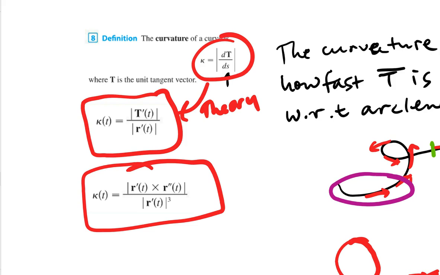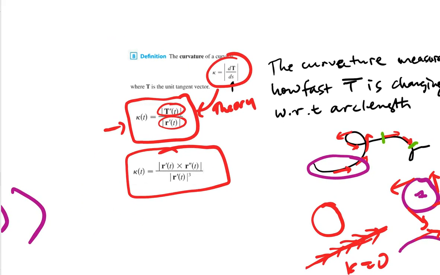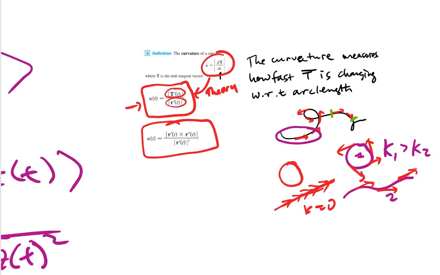The first one just measures the change in T with respect to the change in, it's essentially the change in T with respect to the change in the tangent vector. So, all right, I'll derive it, because otherwise it's just going to be confusing.